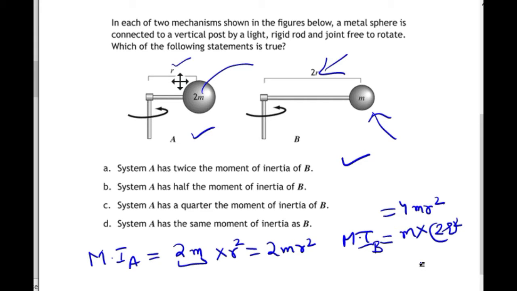Clearly you can see, although the mass in the first mechanism is 2m, the moment of inertia is still smaller. Just by virtue of increasing the distance between the mass and axis, you're able to increase the moment of inertia.